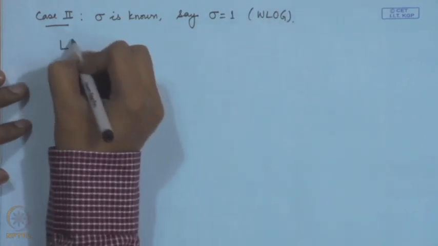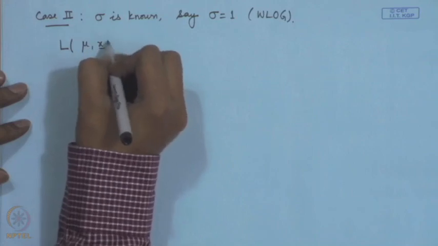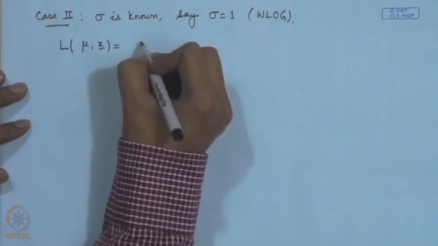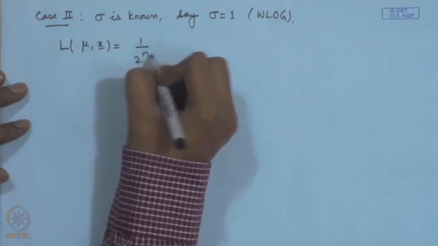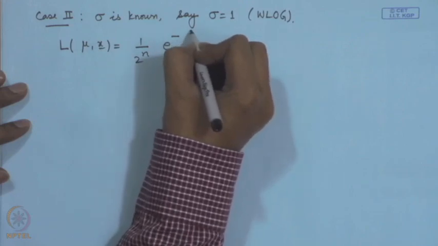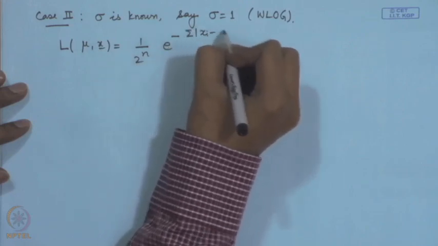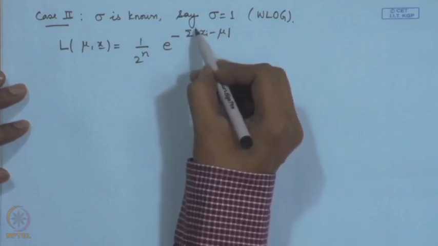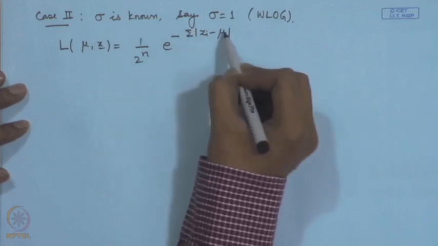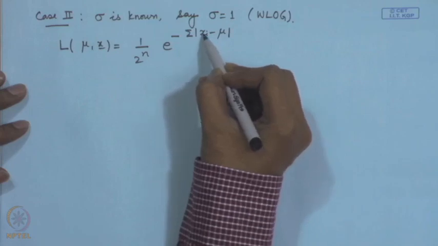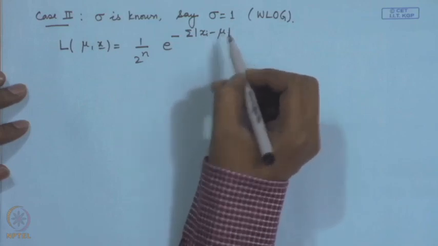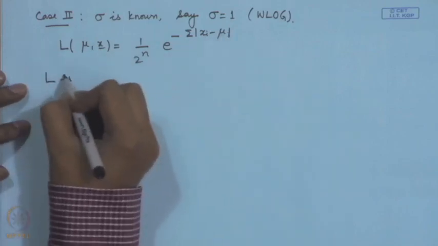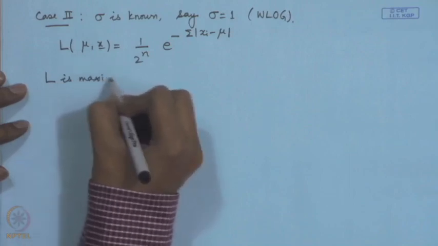In this case, the likelihood function is equal to 1 by 2 to the power n e to the power minus sigma modulus x_i minus mu. Now, you see here this will be maximized with respect to mu if sigma of modulus x_i minus mu is minimized.